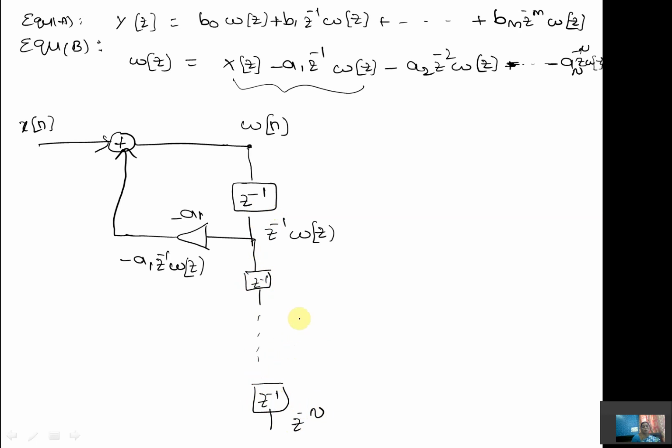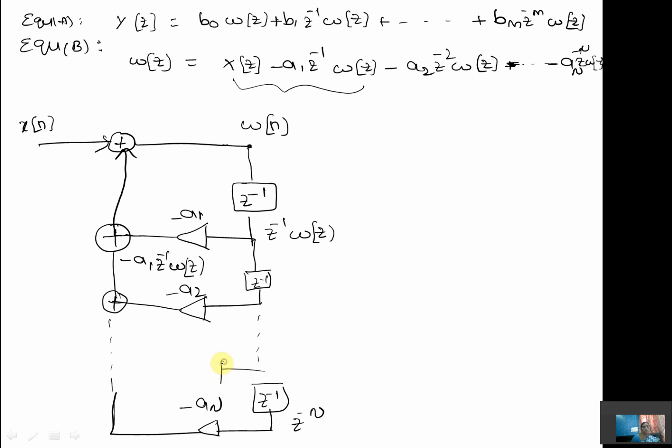So use the n delay units here and then use the multipliers like minus a2 and so on, minus an, then add all these values by using adders. Okay, so now in this way you can realize the W of z equation.